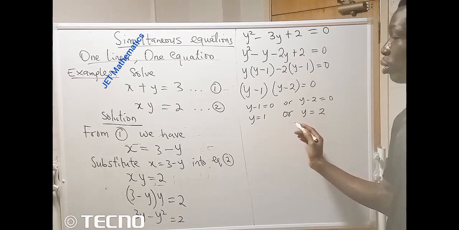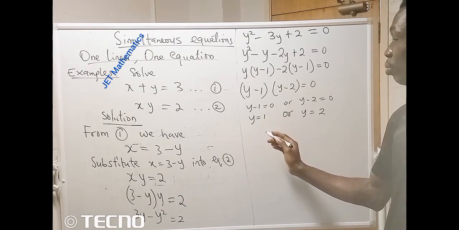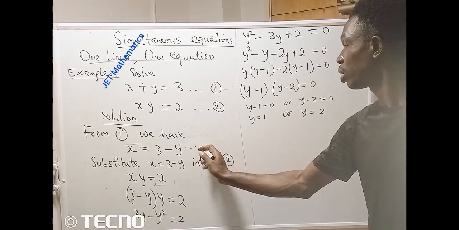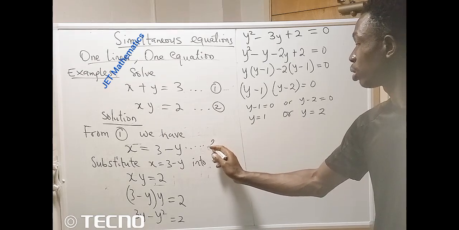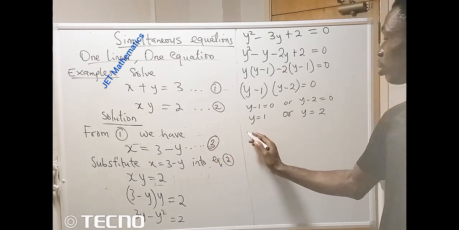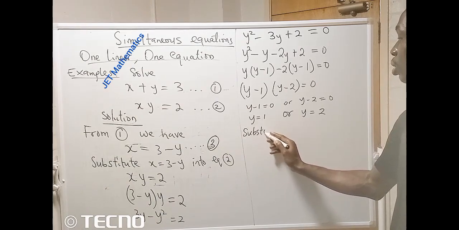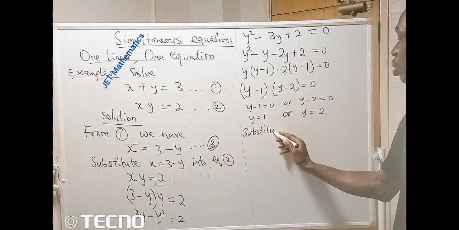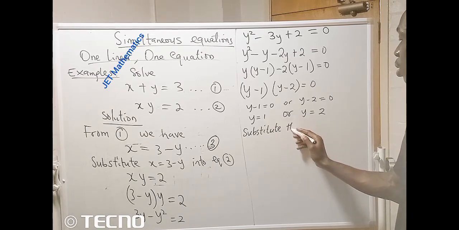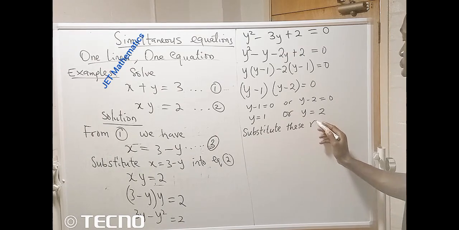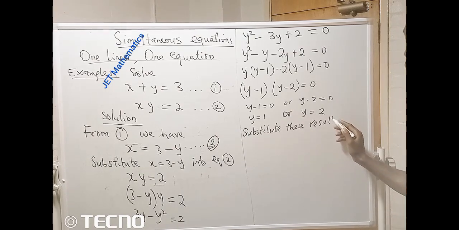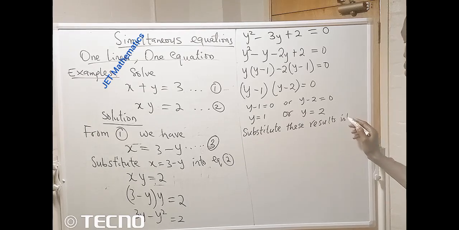If y is equals to 1 and y is equals to 2, we'll substitute. Let's call the equation we generated the other time equation 3. We're going to substitute these results into 3.